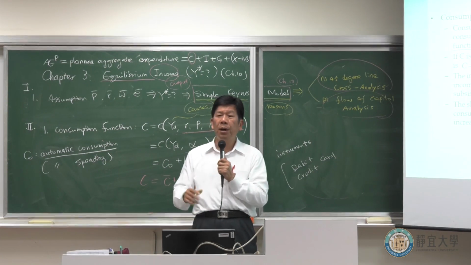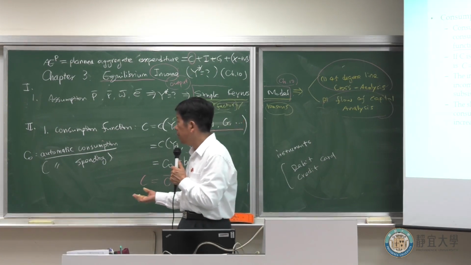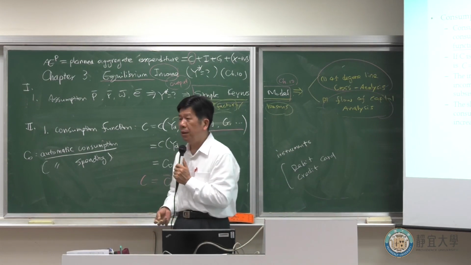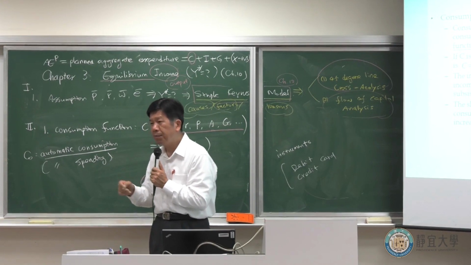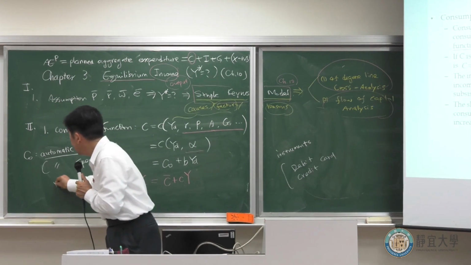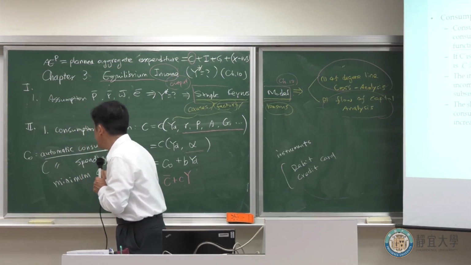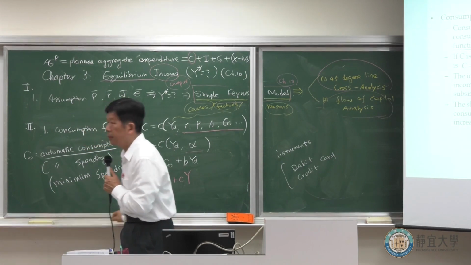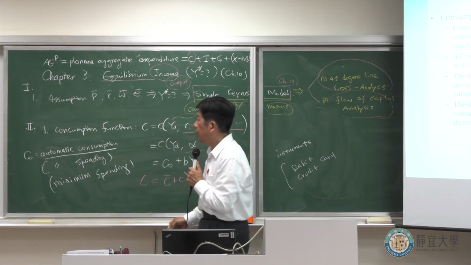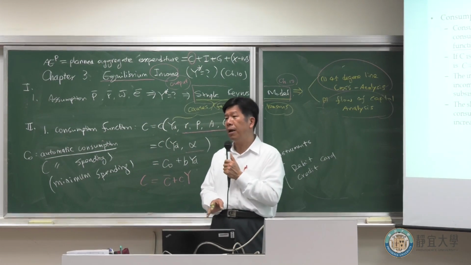Although you have no money, if you want to stay here, you need to spend. So this is the minimum spending. It doesn't have any relationship with your earning or income.